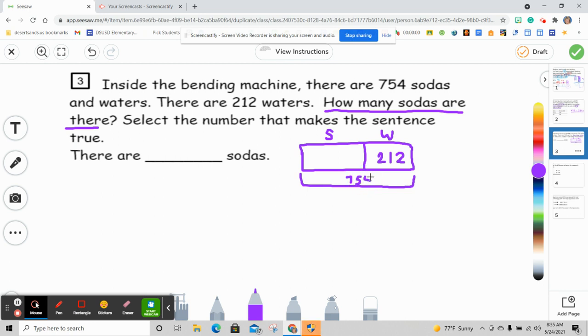Now, to find out what the missing part is, we would have to do subtraction because we have the biggest number, which is 754, and if I take away the waters, I can find out how many sodas are there. So I take away the waters to find out the missing part.